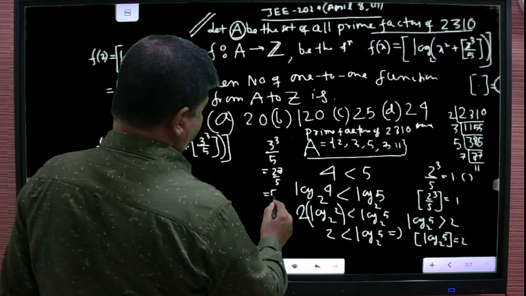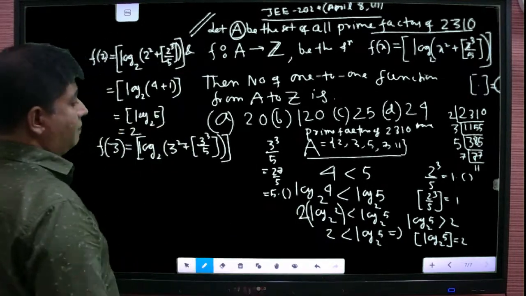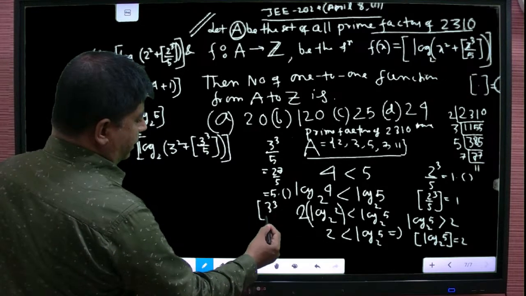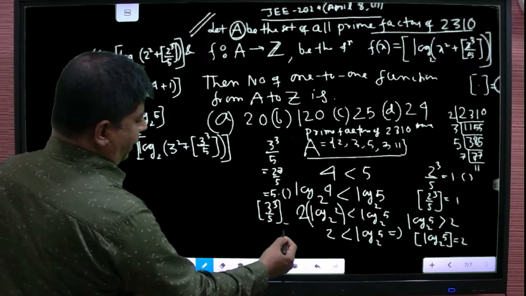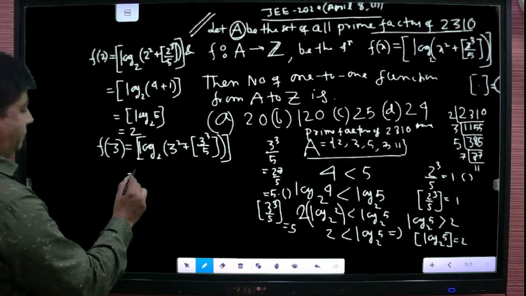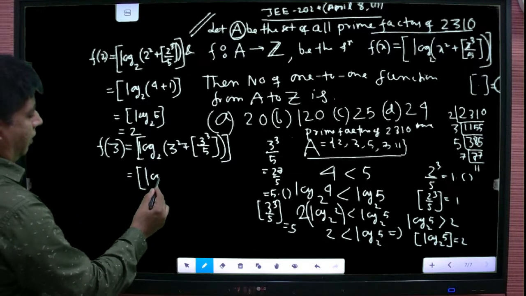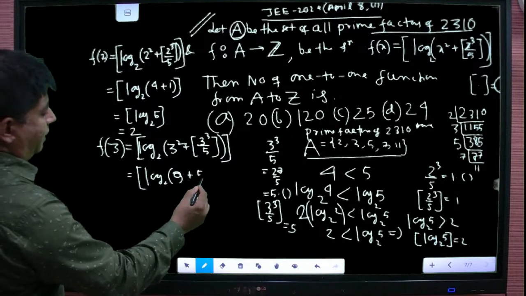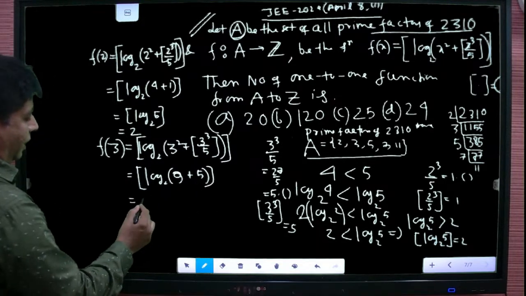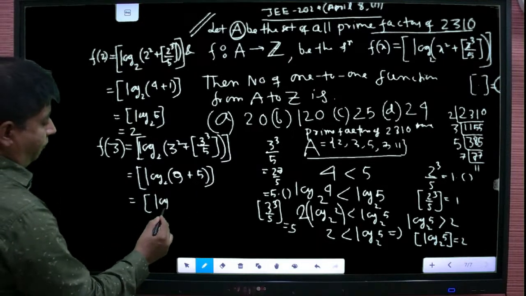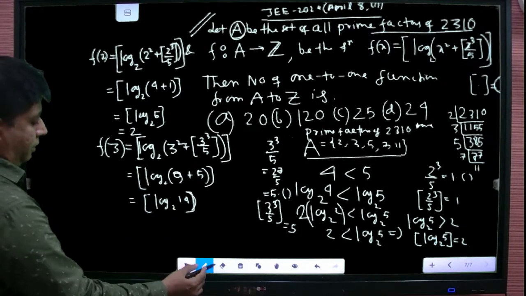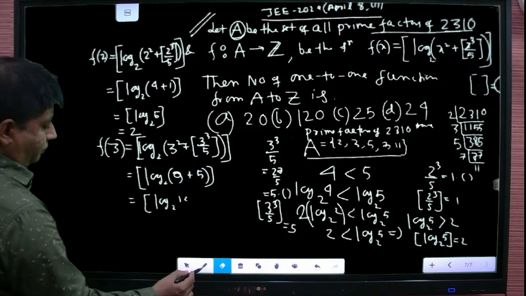That means 5 point something. So box of 3 cube by 5 will be 5 itself. So put 5. Log of 2 to the 3 square is 9, plus 5. Now log of 2 to the 14 to the base 2 with greatest integer function.